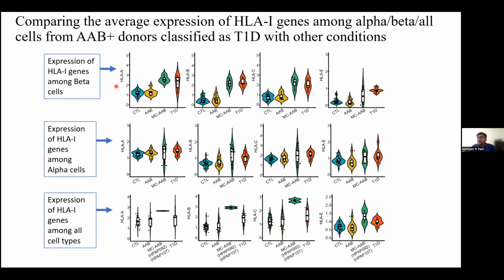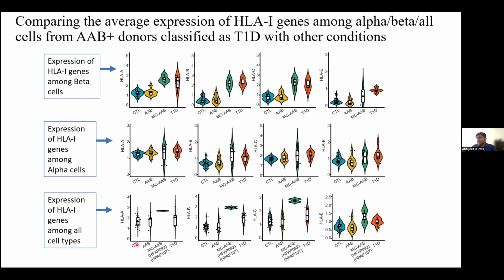So for example, HLA in beta cells show that misclassified autoantibody positive cells have similar expression to type 1 diabetes, even HLA B, C, and E. Similar trends were observed even in alpha cells, and also in all cells.